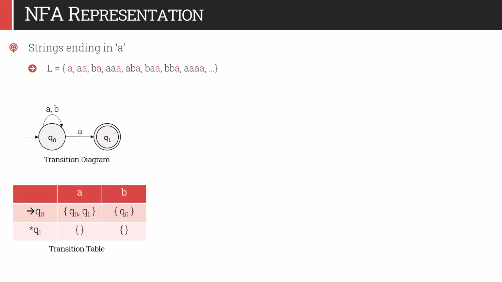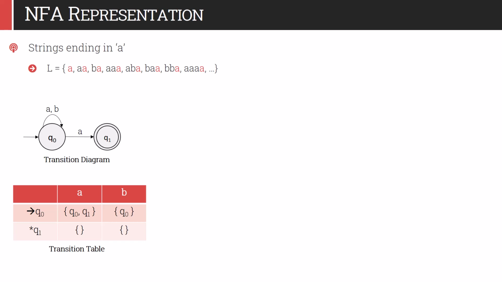Another representation of NFA is using a transition table, where in rows we are putting states, in columns we are putting input alphabets, and in the intersection of those two, we will be writing the states to which transitions are happening. That is, from state Q0, if we read A, then we are moving to states Q0 and Q1.